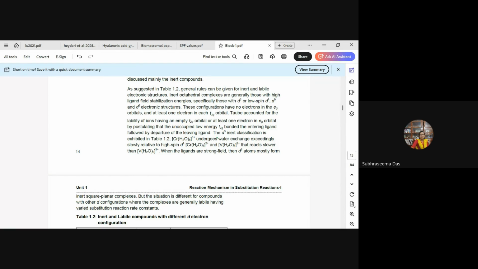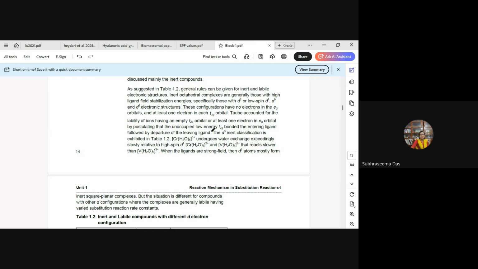When we talk about ligand field stabilization energies, those with d3, d4, d5 and d6 have no electrons in the eg orbital. All the electrons for d3, d4, d5, d6 are present in the t2g orbital.